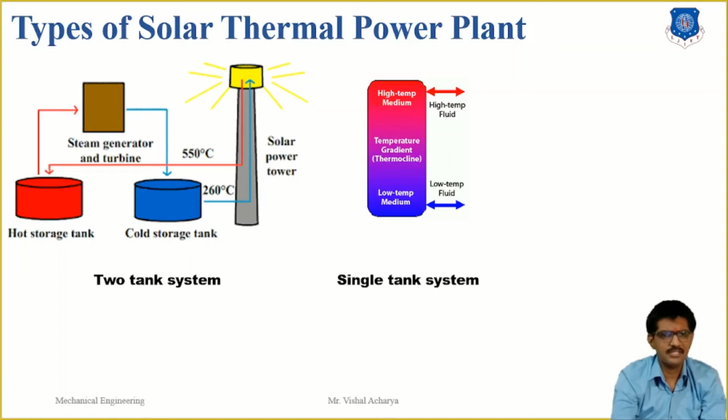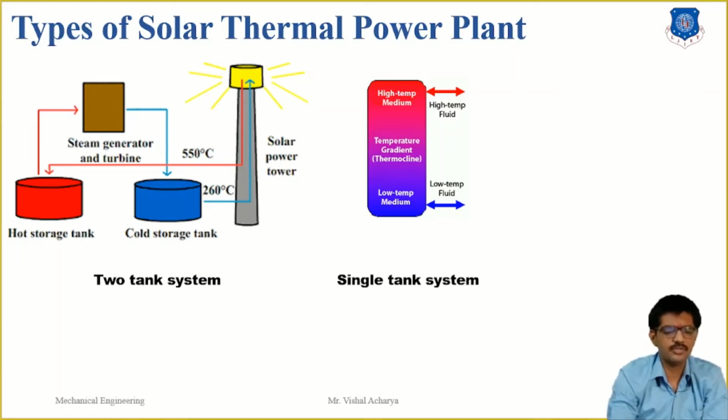High temperature heat transfer fluid flows into the top of the thermocline and exits the bottom at low temperature. This process moves the thermocline downward and adds thermal energy to the system for storage. Reversing the flow moves the thermocline upward and removes thermal energy from the system to generate steam and electricity. The buoyancy effect creates thermal stratification of the fluid.